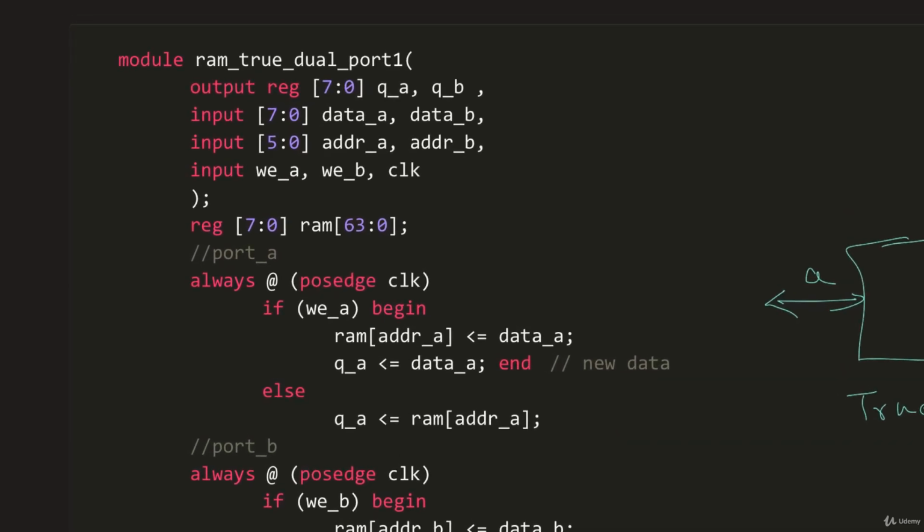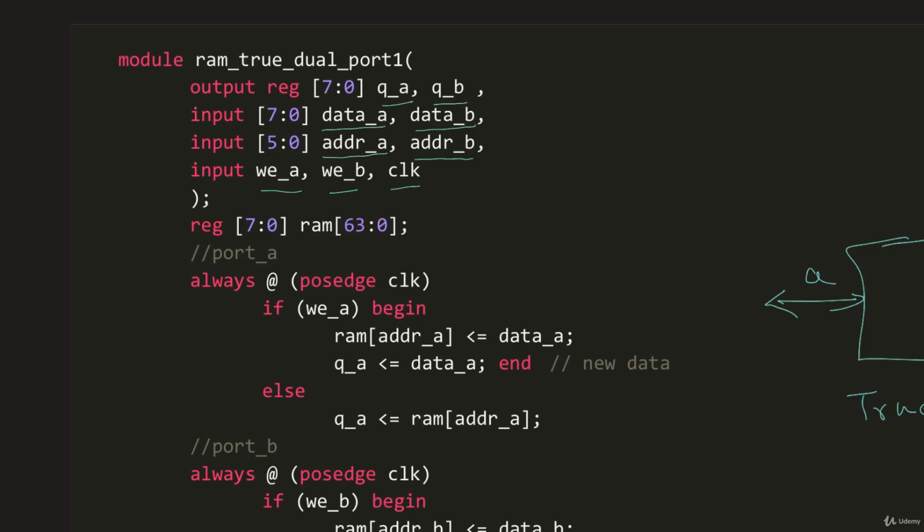So you have two outputs, QA and QB, one for each port, port A and port B. You have two data inputs, one for each port again, and two address buses, one for each port again, and two write enables.